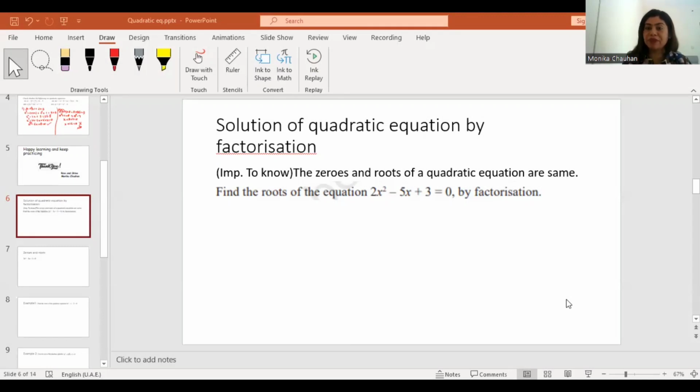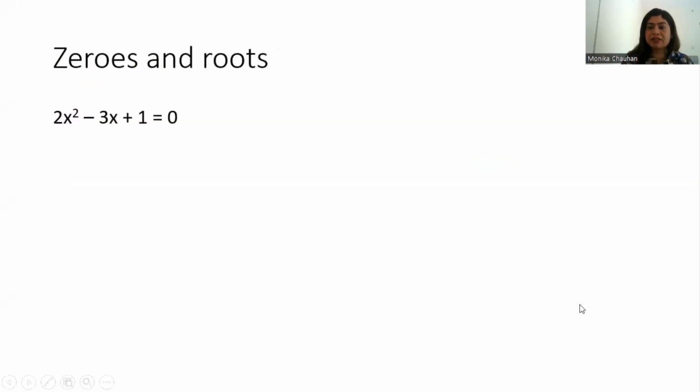Do you remember, if I ask you to calculate the zeros of the polynomial, what you have done? You have replaced x by some value, and when you solve it, it makes it equal to the right hand side. That means that's the zero of the polynomial.